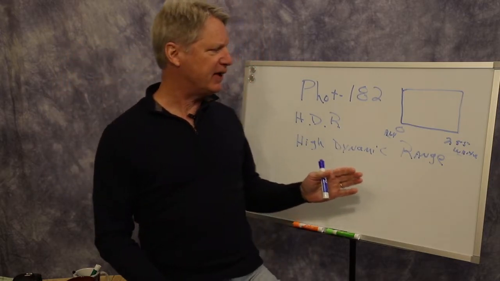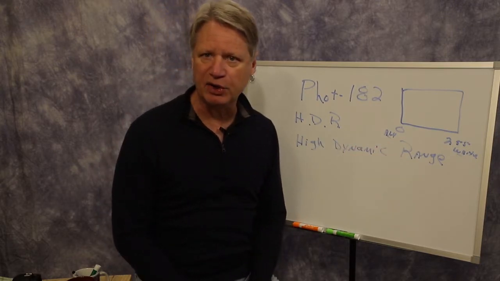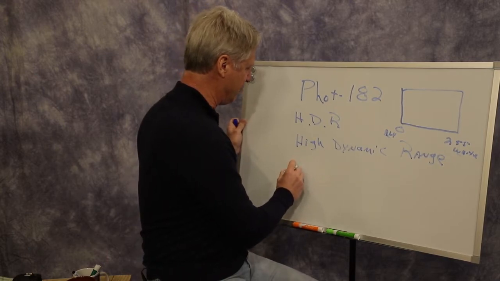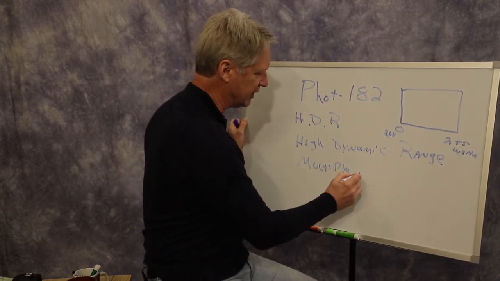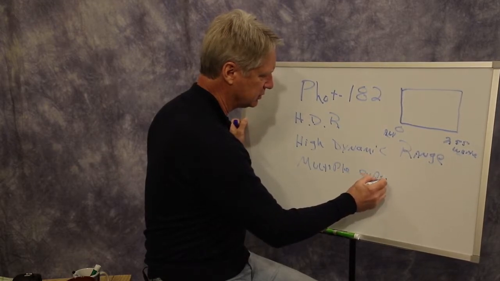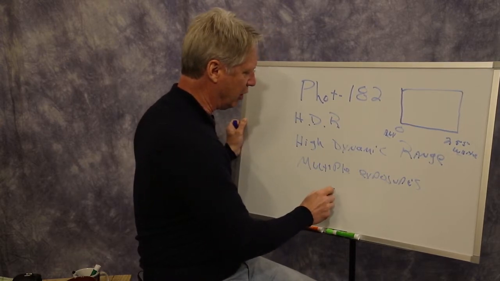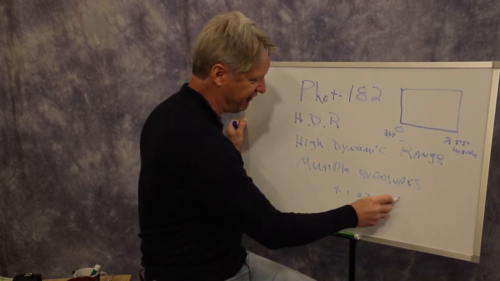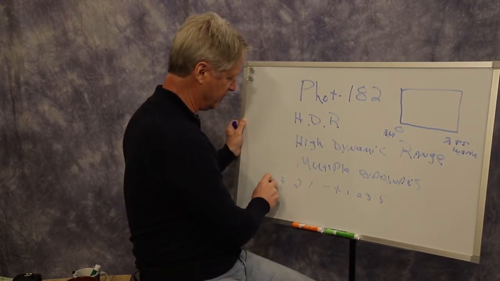Well, we do that by employing this technique called high dynamic range. What we essentially end up doing is taking multiple exposures where we go plus 1, 2, 3, 5, and we go minus 1, 2, 3, or 5.